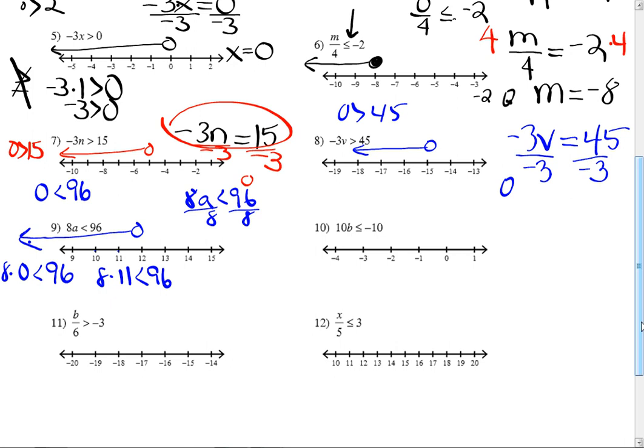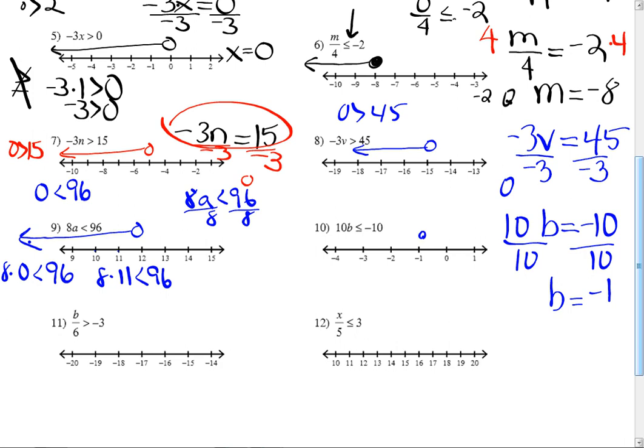10 times what number equals negative 10? What are we going to do? Divide by what? Chelsea, do you have this? 10. What's this going to be? B equals negative 1. Do I get to include negative 1, Melissa? You need to be paying attention.